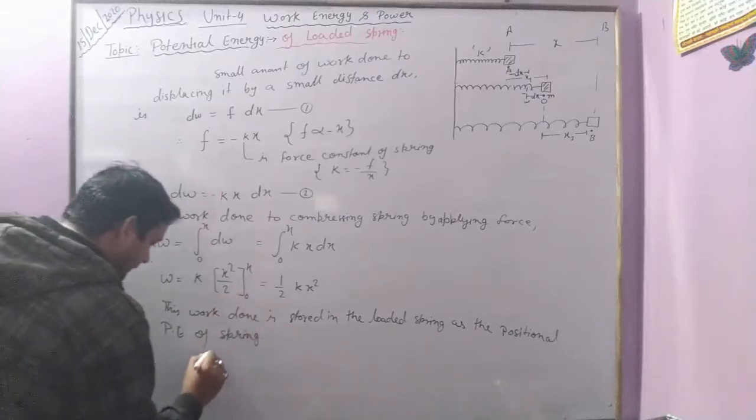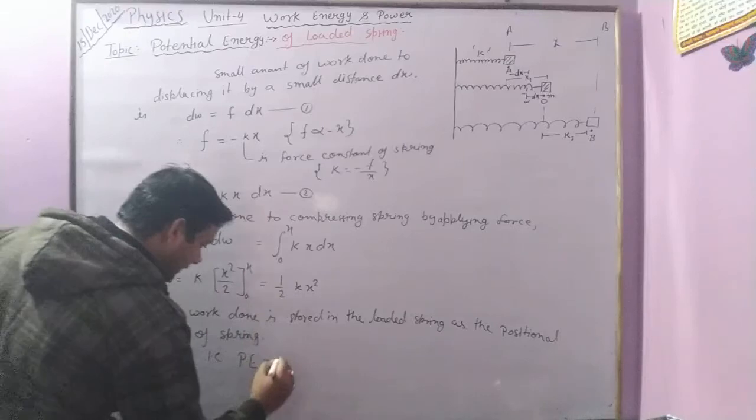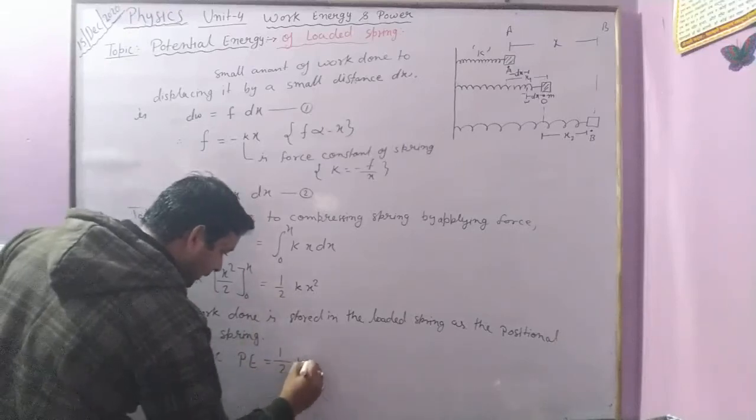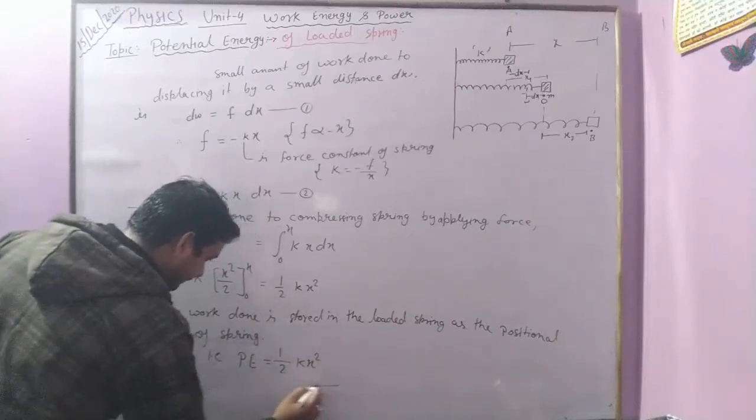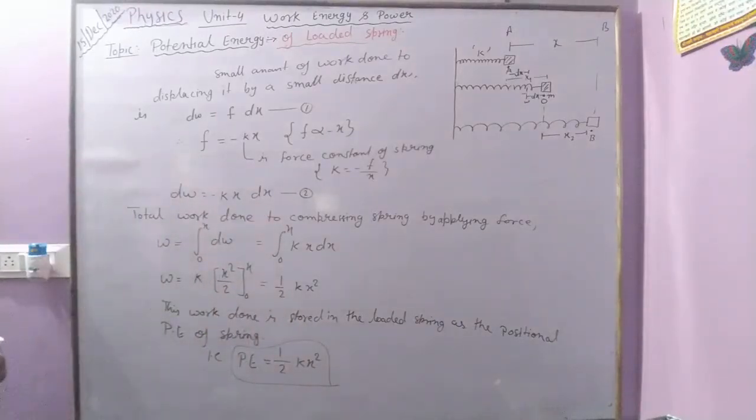That is, potential energy of spring is equal to half kx square. Okay, note down this.